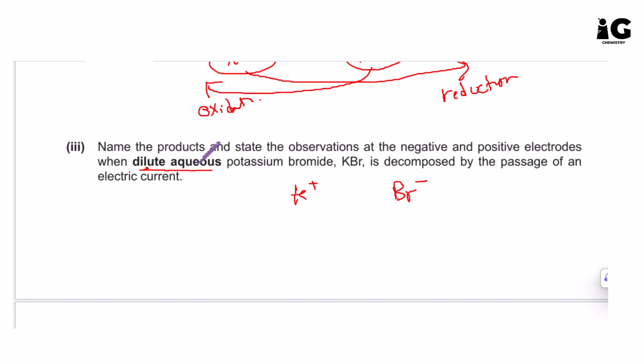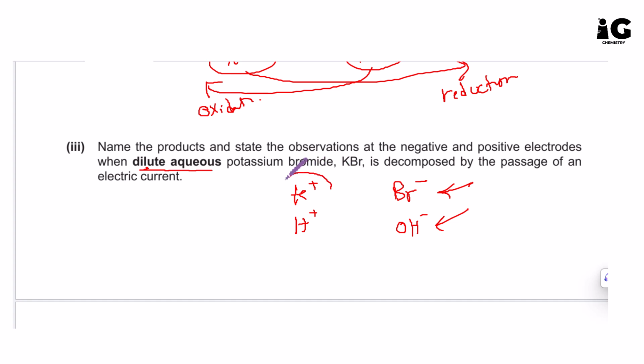Then you have the word aqueous, which means you have water. So water means you also have in the solution H+ from water and OH-. And you also have the word dilute. This word is very important to know whether the halide Br- is going to be oxidized at the anode, or is it OH-? Let's solve this quickly.